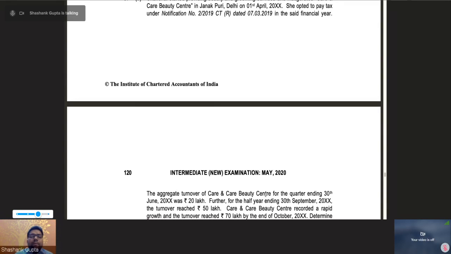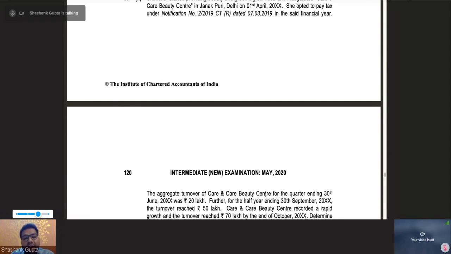In June, when 20 lakh is about to be crossed, Chanchal would opt for registration, but registered under the composition scheme. That is, registration would be obtained, but she will choose the option to pay tax under notification number 2/2019. And what does this notification provide? This notification provides that up to 50 lakh of turnover, you can pay tax at the rate of 6%.